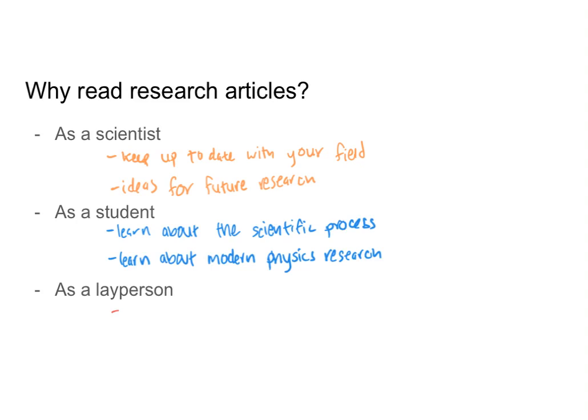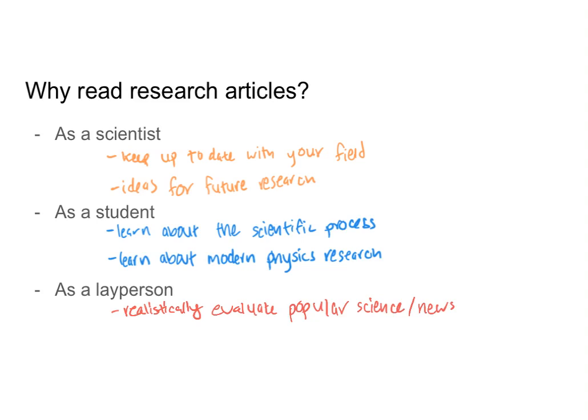For example, if you've seen newspaper articles saying blueberries cure cancer, or coffee causes cancer, those articles are often based off of scientific research articles, but are taking the conclusion to a very extreme level. So it helps you realistically evaluate popular science, so evaluate the science in the news.